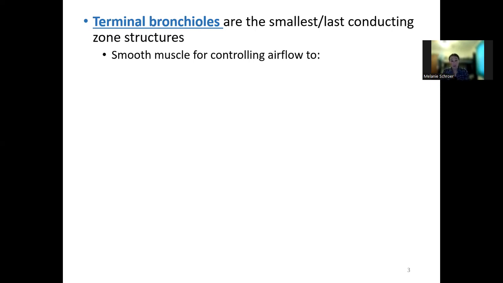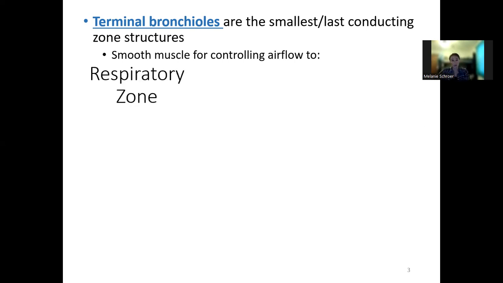Everything we've talked about so far, the nasal cavity, the pharynx, the larynx, the trachea, all of those different bronchi, and now finally the terminal bronchioles, have merely been conducting air all the way to the ends of the tree.